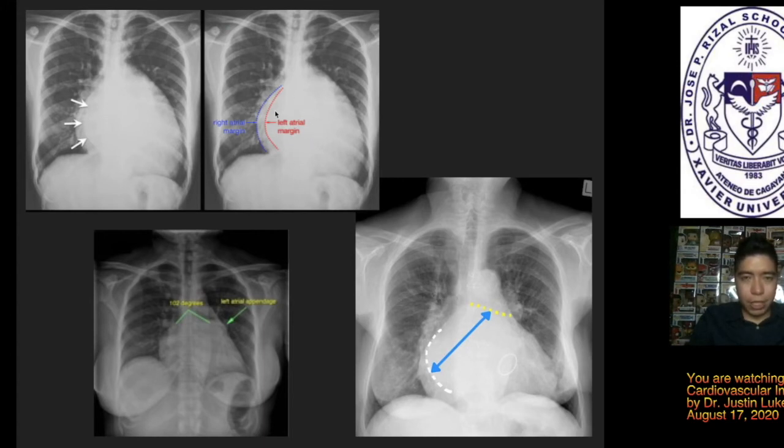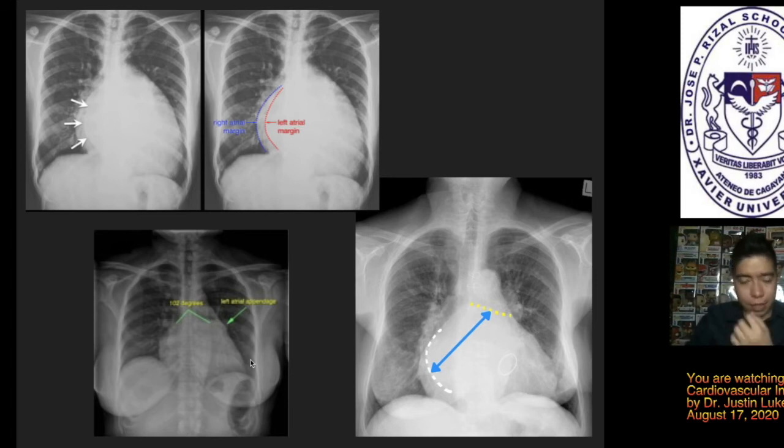This is the left atrial margin and your right atrial margin. We don't normally see a second contour, a second border-forming or silhouetting curve here on the right side. And again, this is another example, we have splaying. In this example, the angle is 102 degrees, and your left atrial appendage is also prominent and pushed outward.